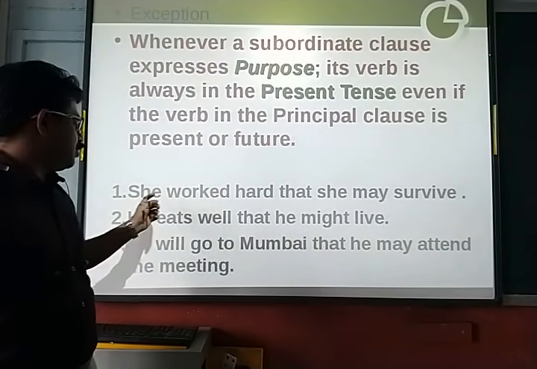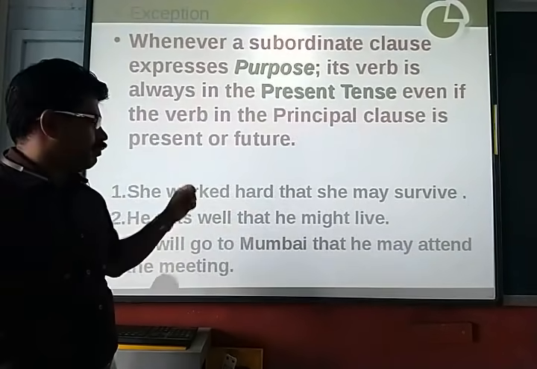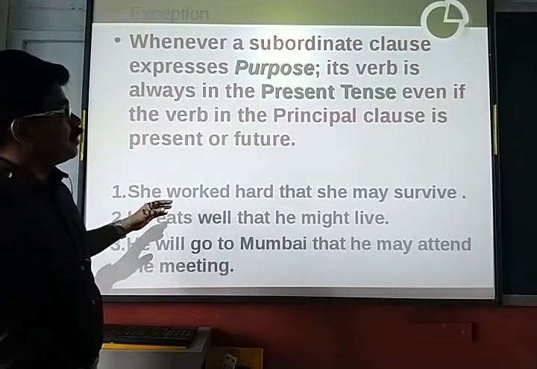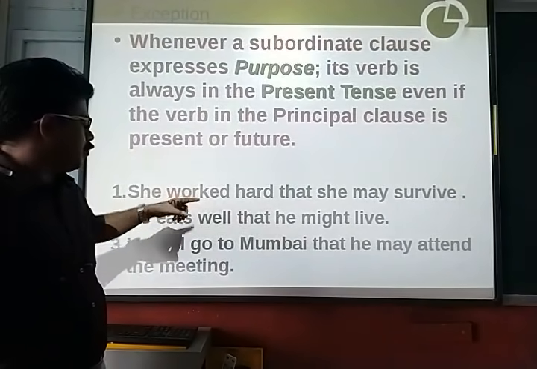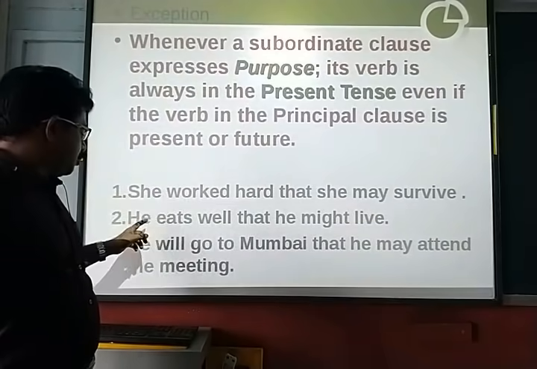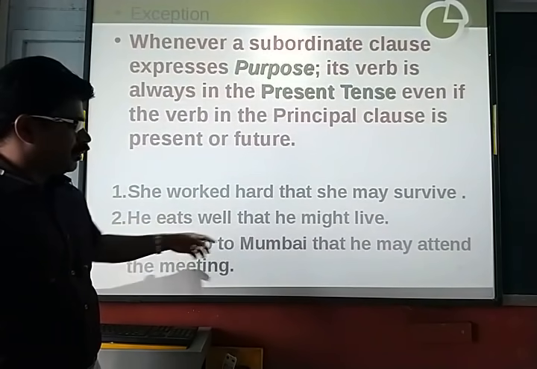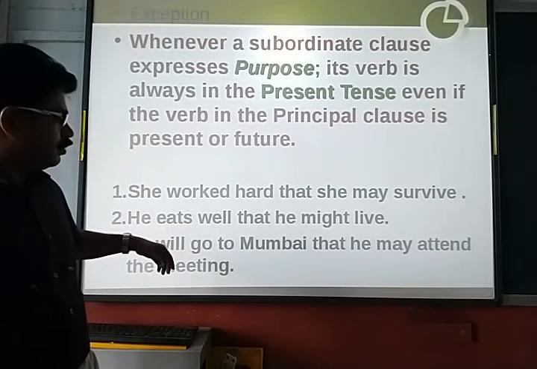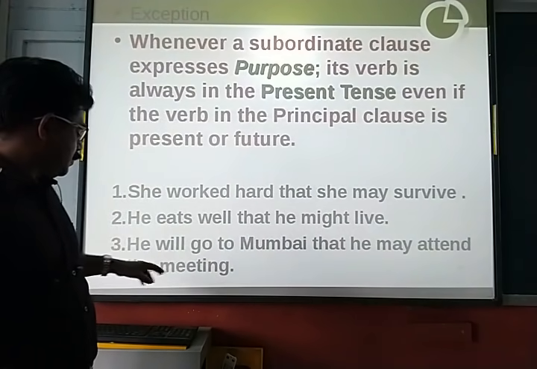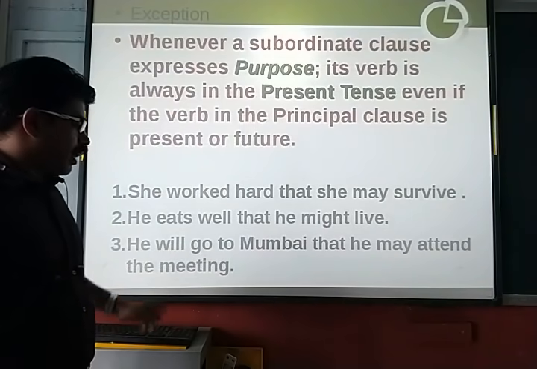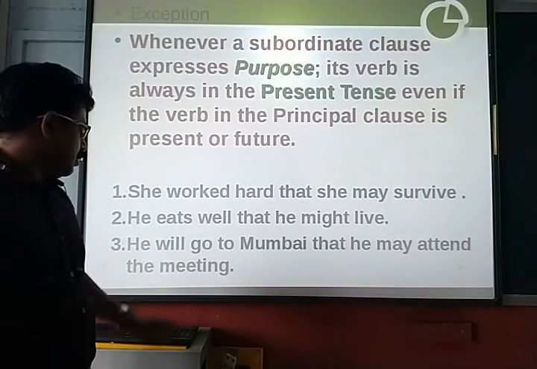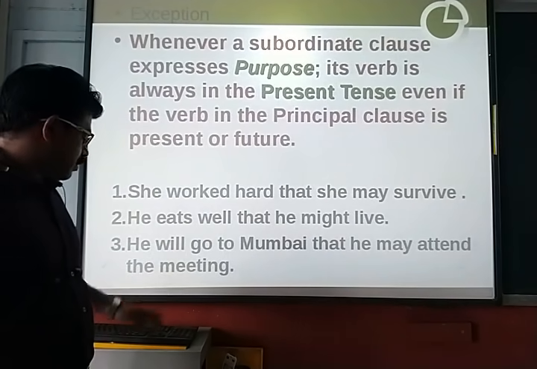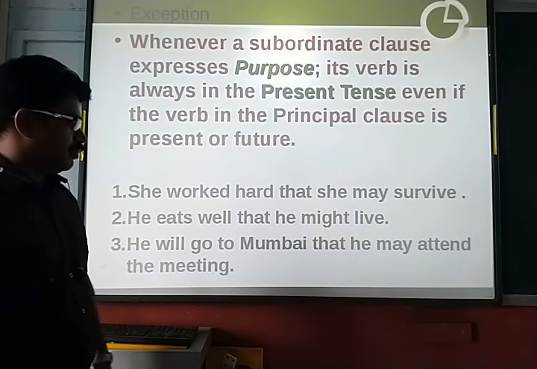Now this should have been: she works hard that she may survive. As per the rule, the sentence is okay, but as per the rule he eats is present tense, so here we have to use may. He will go to Mumbai that he may attend the meeting.